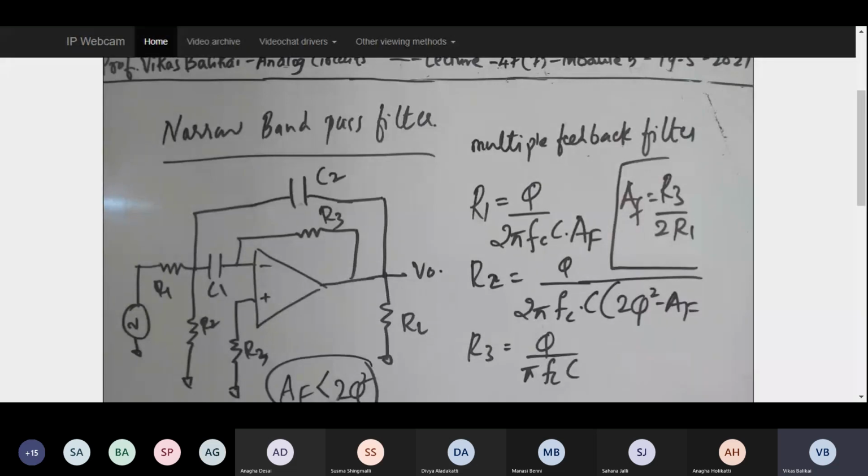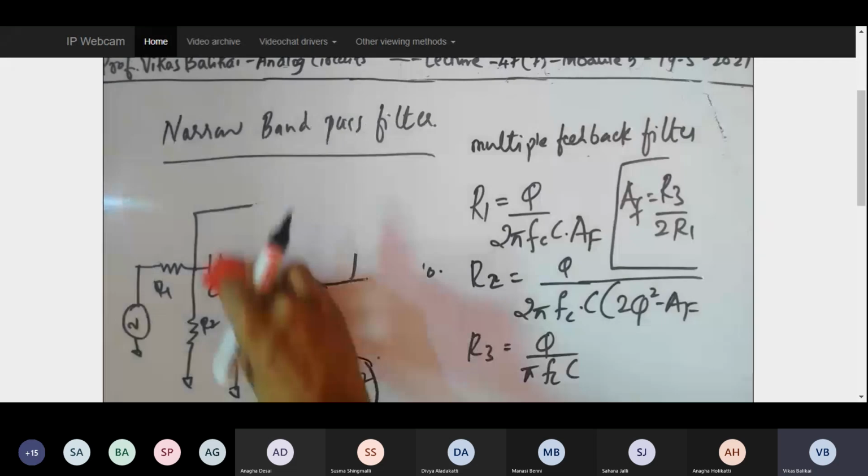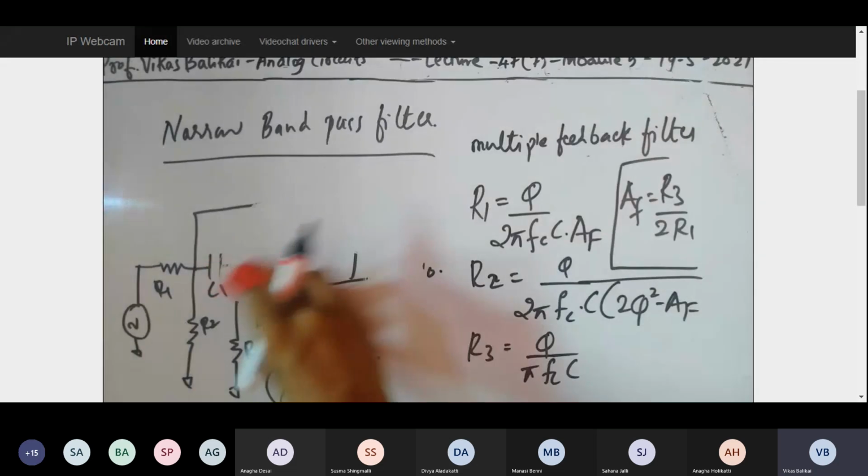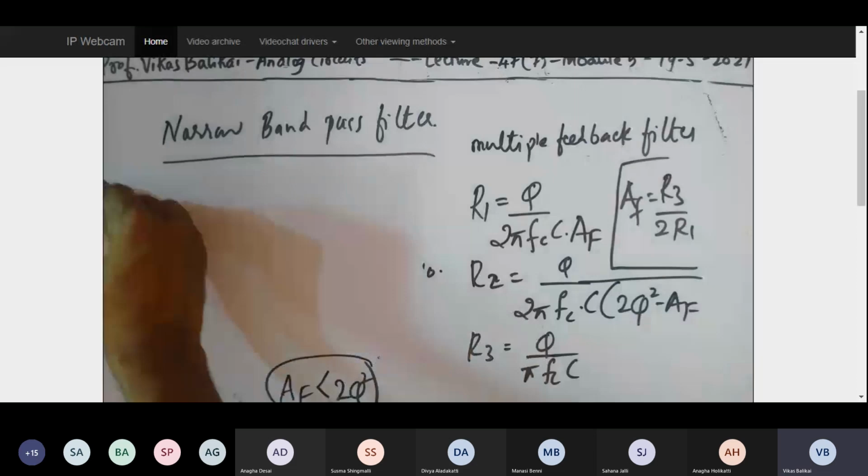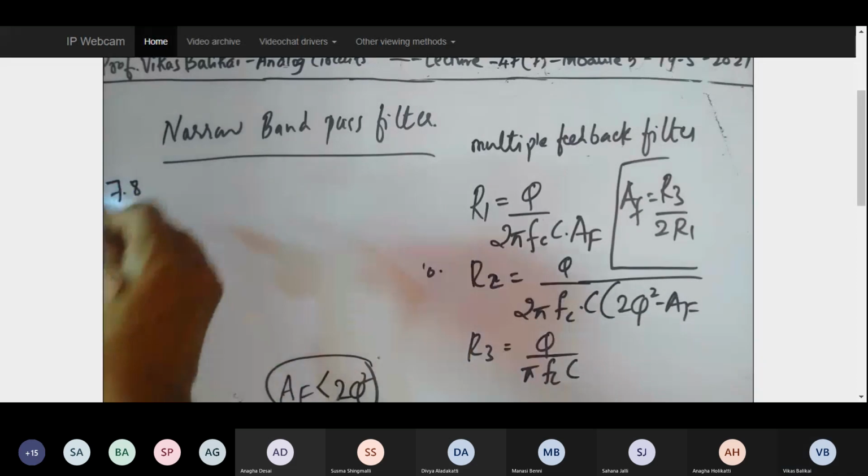Always remember, whenever we design any sort of filter, we start with the capacitor. So let's go ahead with a design perspective by taking a simple example. I'm going to consider example number 7.8 from page 272.